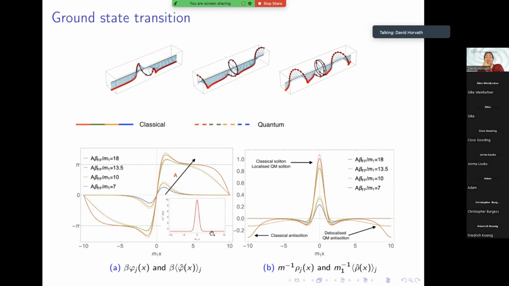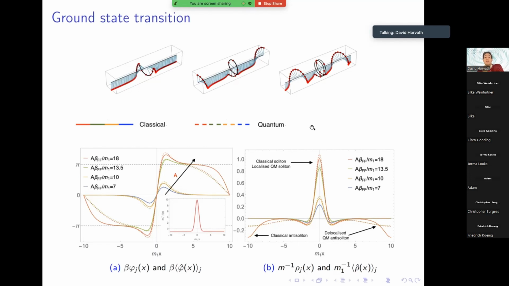In other words, there is nothing that would make the anti-soliton localized. And because it's a quantum theory, we expect that by default it must be delocalized. And because it is delocalized, this is exactly the explanation why we do not see this nice extended plateau in the quantum case, only in the classical case.